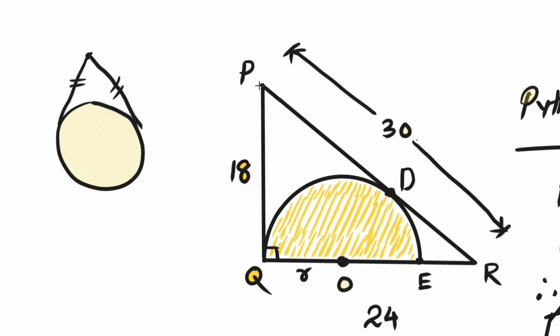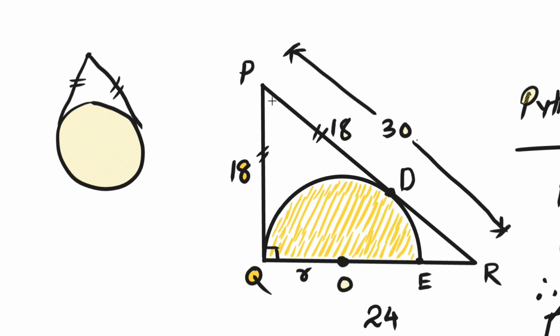Here, our external point is P. One tangent segment is PQ, which touches the semicircle at Q, and the other tangent segment is PD, which touches the semicircle at D. Therefore, by the equal tangents theorem, PQ equals PD. Since PQ is 18 units, PD must also be 18 units.